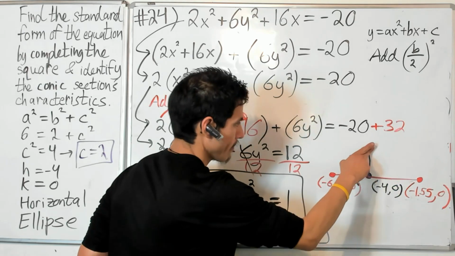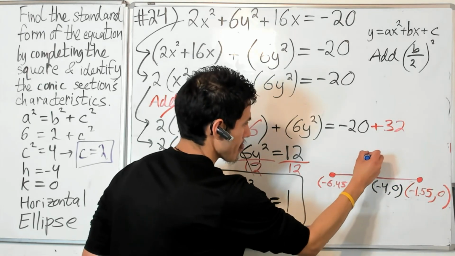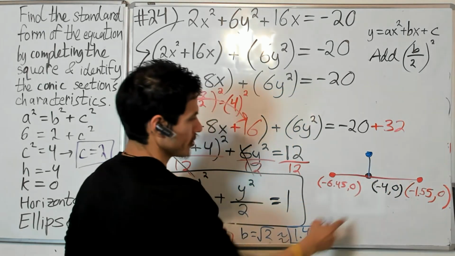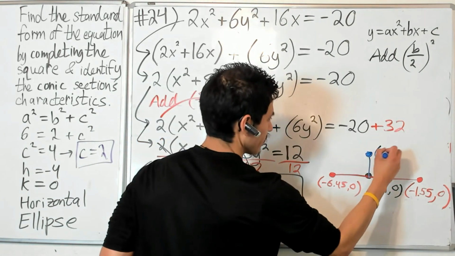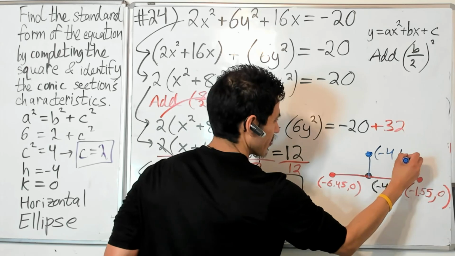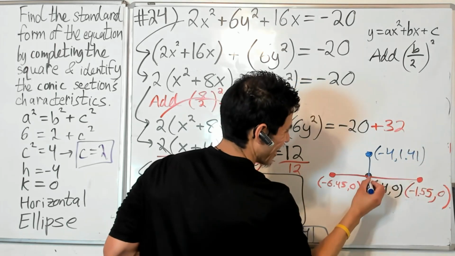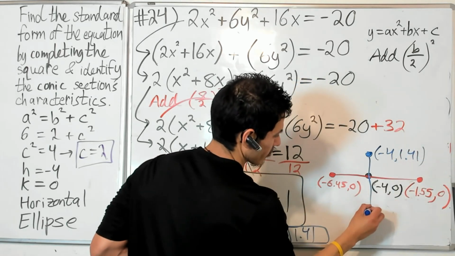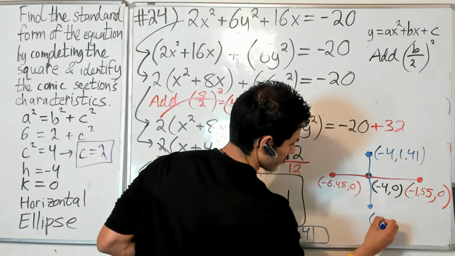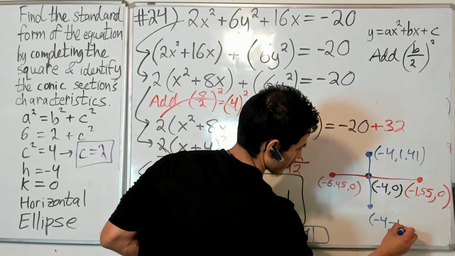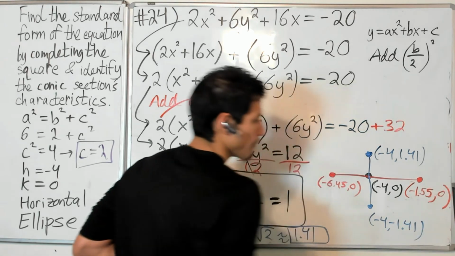So I'm going to go up 1.41 units above 0. So this will be -4, comma 1.41. And I go down 1.41 units. This will be -4, comma -1.41.